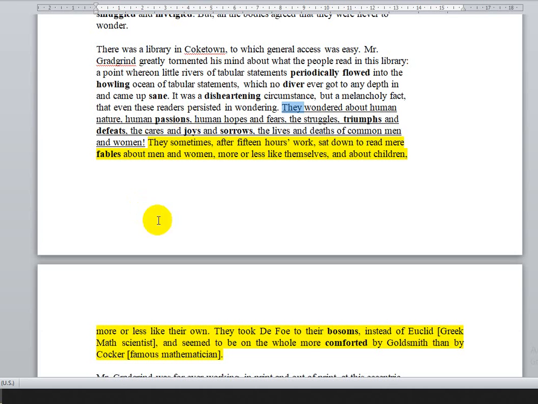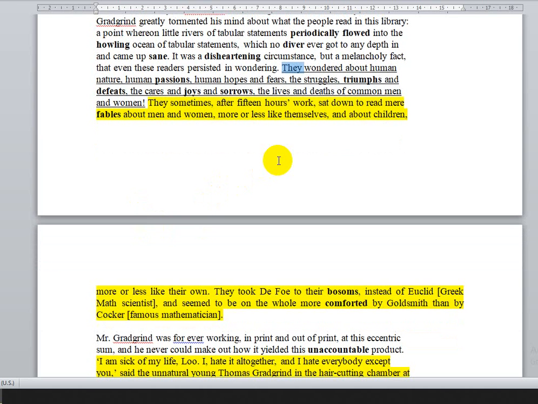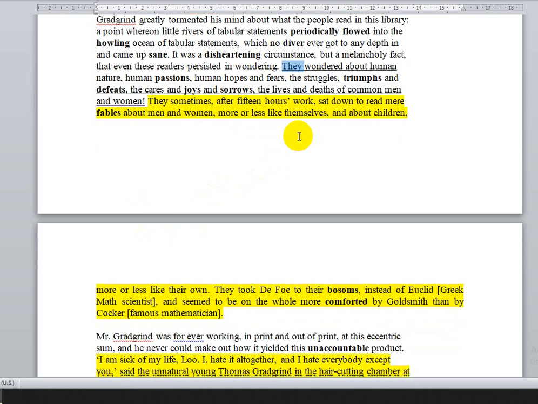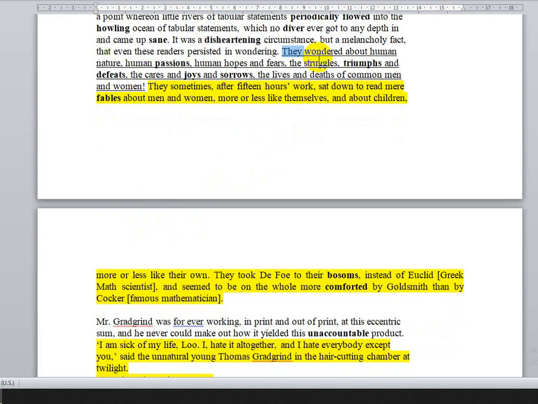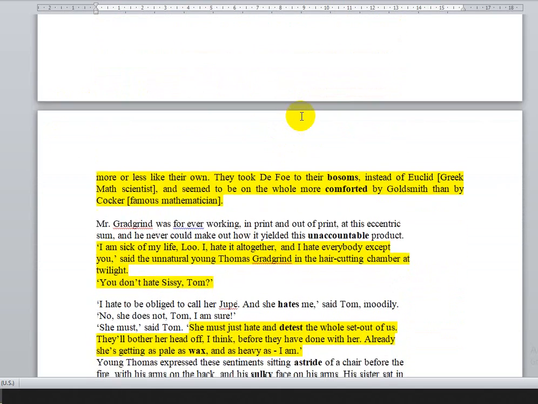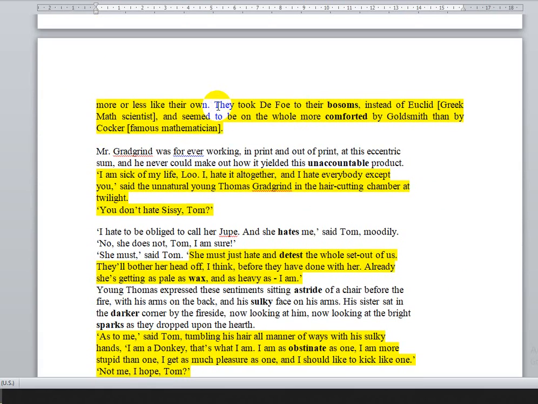So they sometimes, after 15 hours of work, sat down to read mere fables about men and women, more or less like themselves, and about children, more or less like their own.